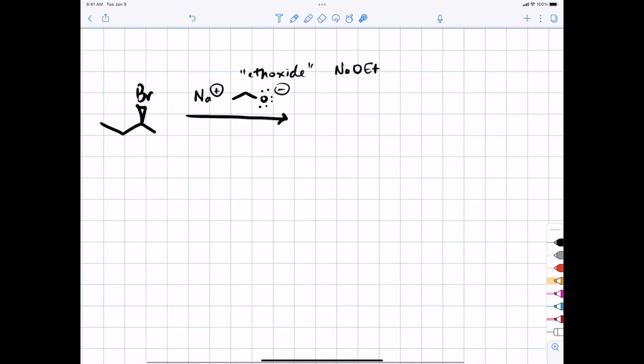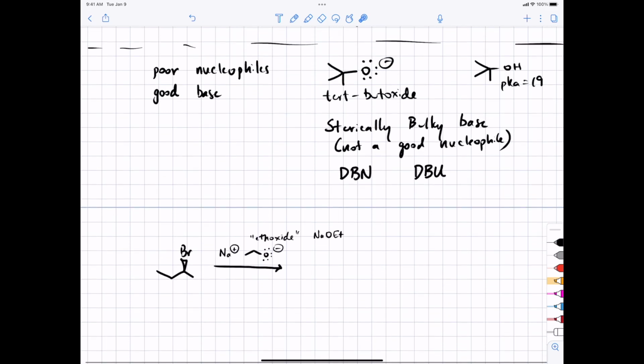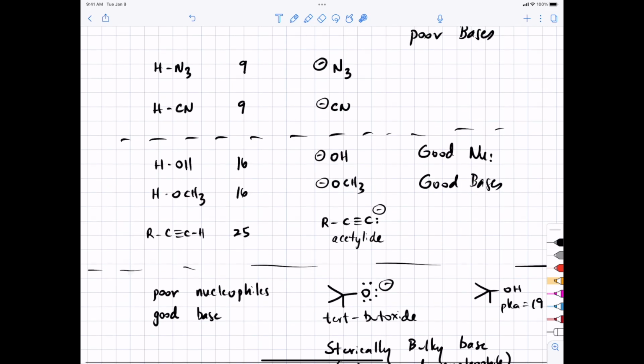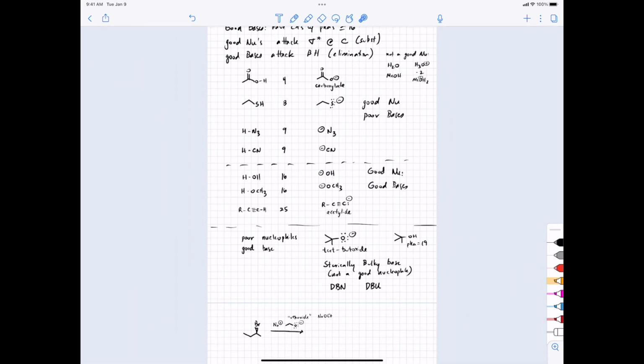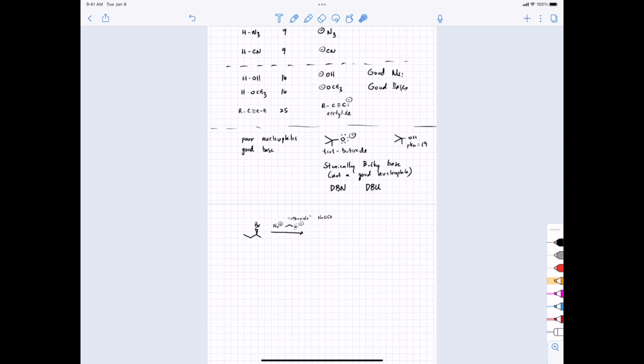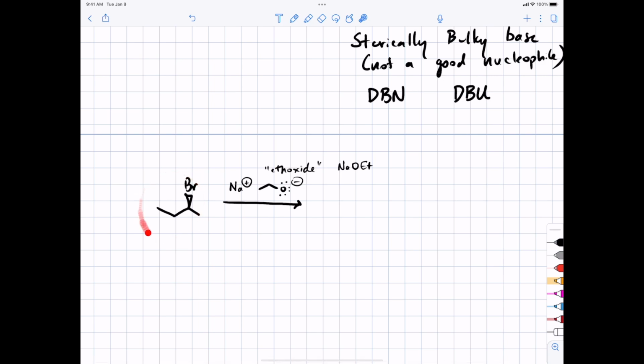All right, so let's go back to our list. Sodium ethoxide should be what kind of nucleophile / base? Both, okay? So, in general, for sodium ethoxide, and remember, I've said nothing about how the structure of the alkyl halide influences the reaction.